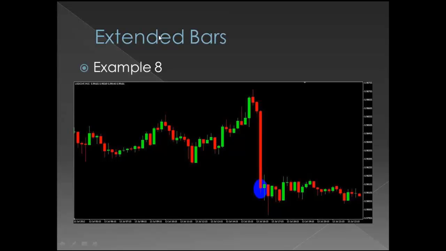And so you're going to want to be aware of that, and that will save you a lot of headaches and a lot of pips. Does that make sense? Hopefully I answered that in a clear fashion. I like looking at the higher time frames for my support and resistance and drawing trend lines and whatnot. So that's what I do.